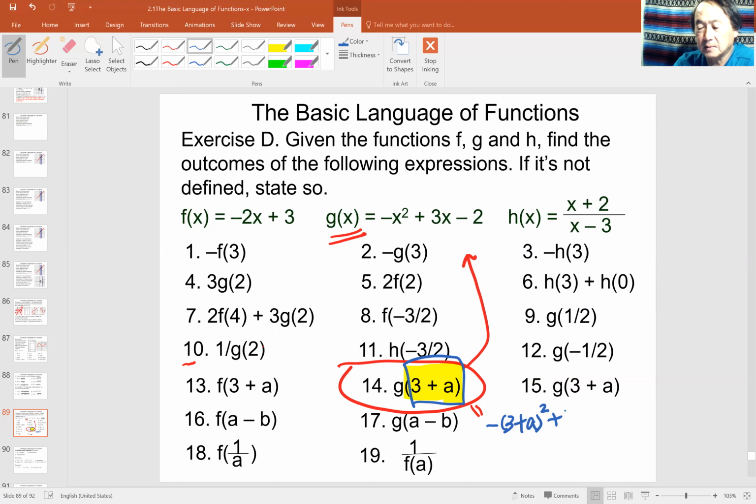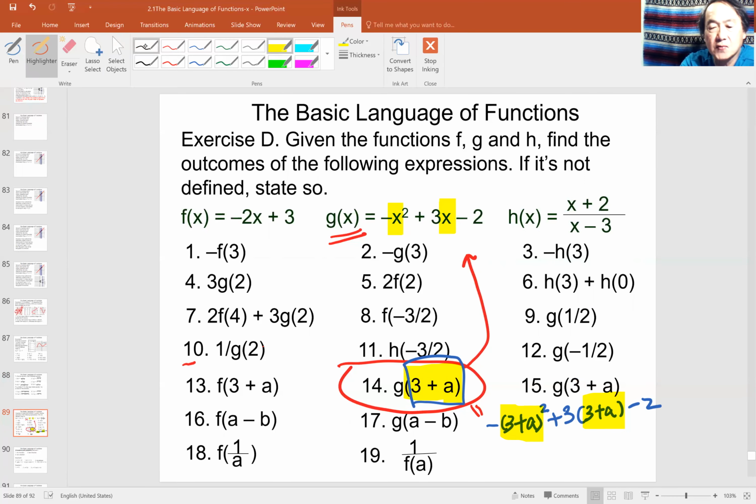plus 3 times (3 plus a), minus 2. You see where the x's are? They came out, and they all become 3 plus a, while the rest of the formula doesn't change.